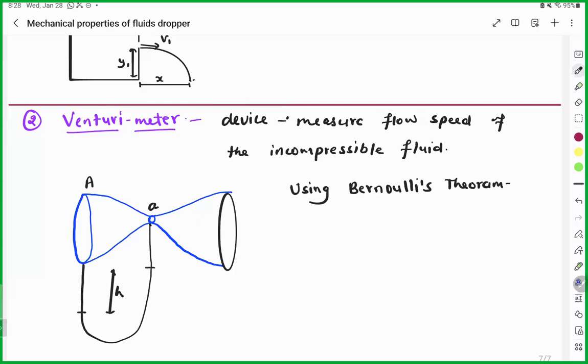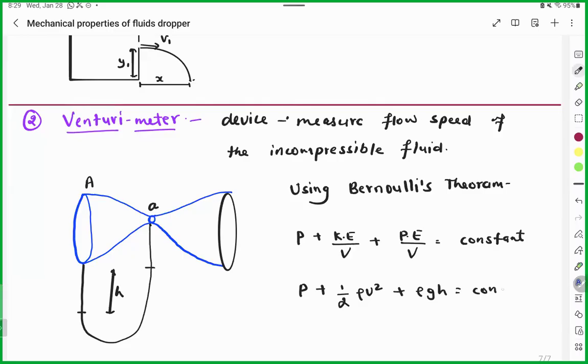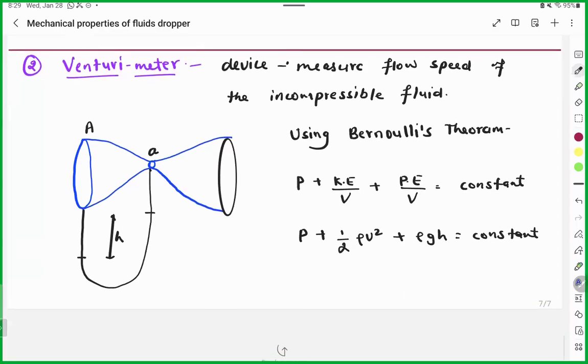Yeah, but the equation: pressure plus kinetic energy by volume plus potential energy by volume is constant. Very good. So this is constant. If we write in the formula, half rho v square plus rho gh is constant. This is the equation.